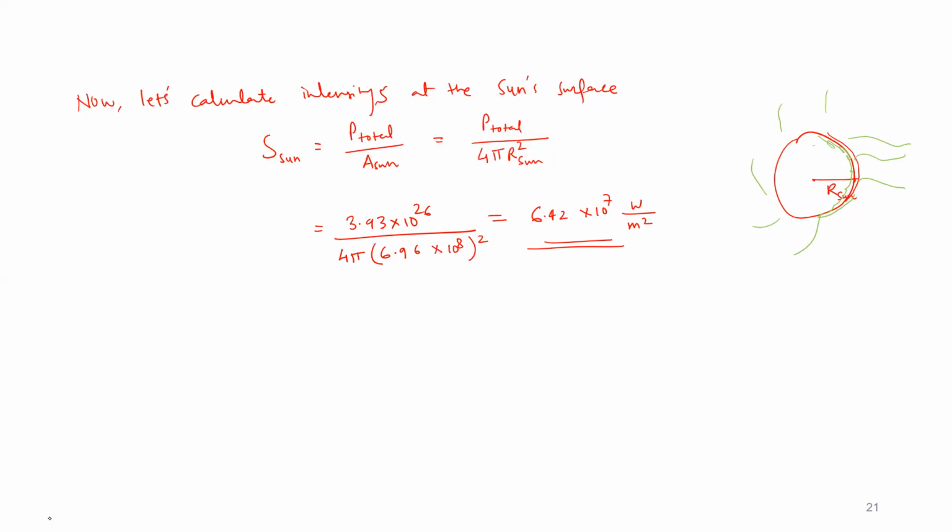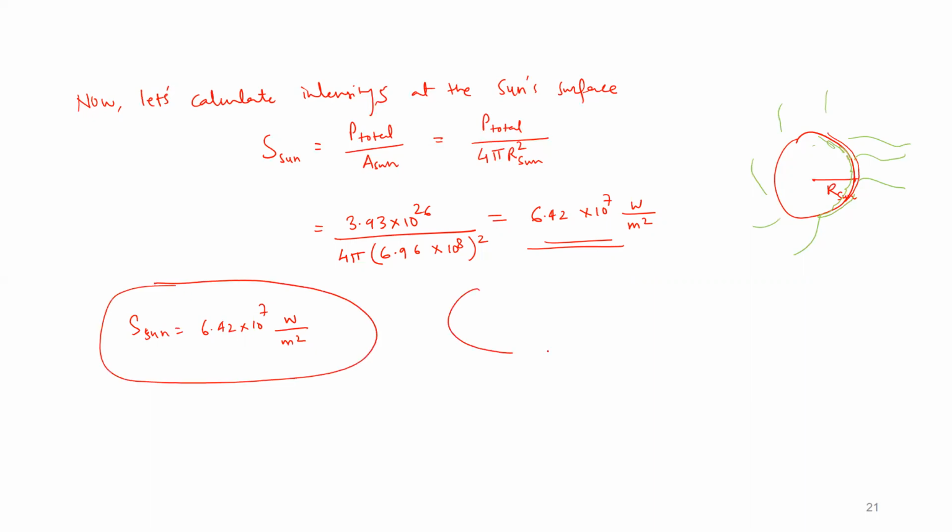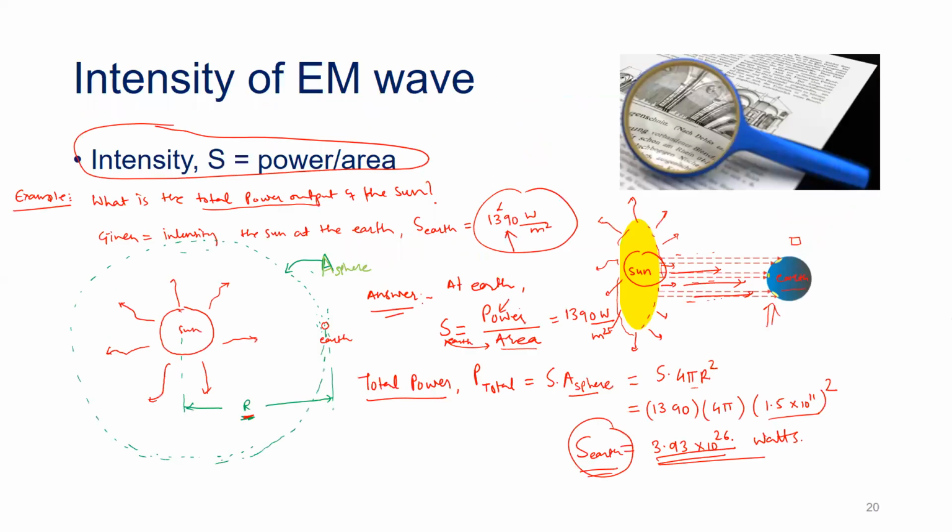So can we compare this number with the previous number? S sun is about 6.42 into 10 to the power 7 watt per meter square. And for the same waves reaching the earth, 3.93 into 10 to the power 26.